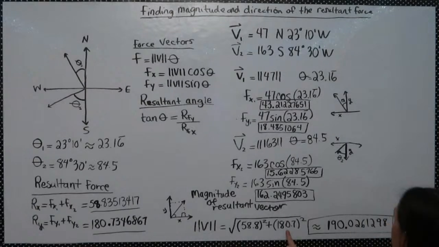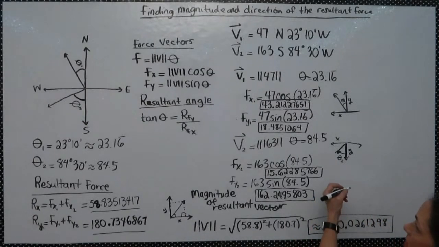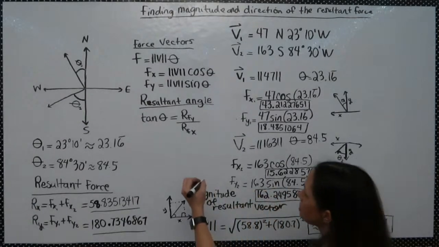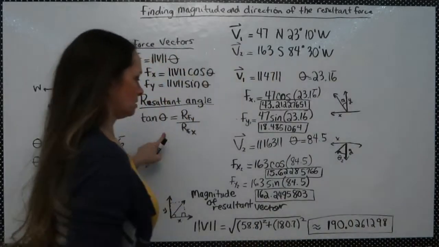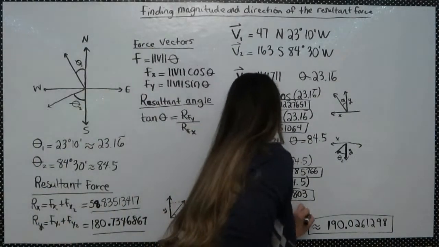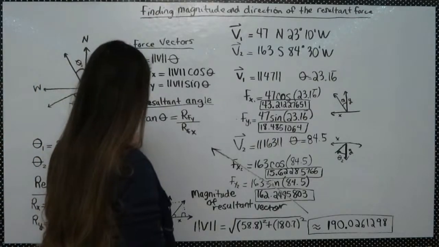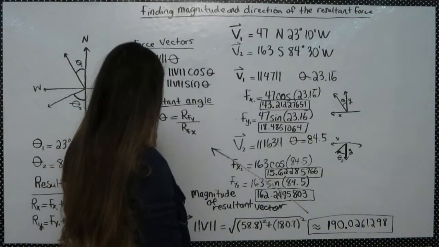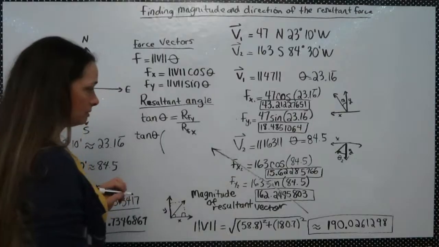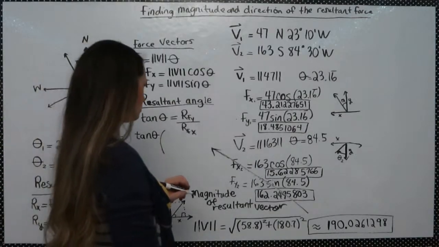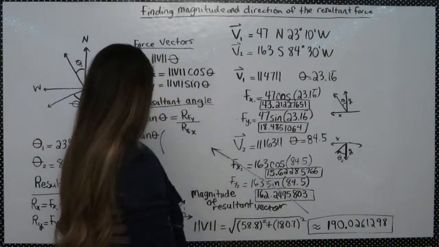There's the sine and the cosine, so we'll put the tangent in here. So we've got this tangent here. Right there. So we've got tangent theta with the parentheses, and you're going to put your y over x.